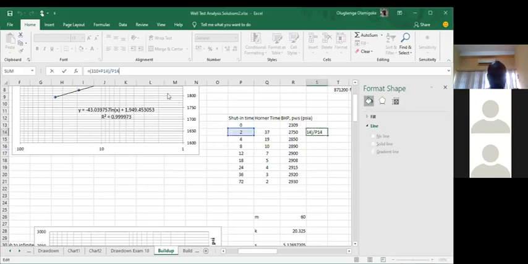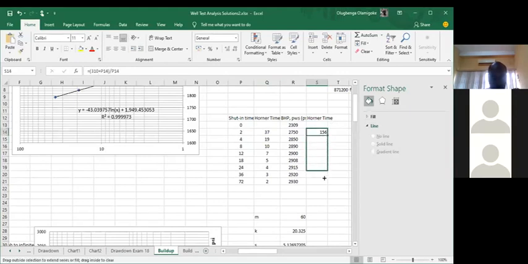Okay, so this is what it should be. 310, which is TP, this is your delta T, and this is your delta T. So this is your Horner time. And you do the same thing all through. Remember that TP is constant, and then you add your shortening time to it, and then you divide by your shortening time. This produces the Horner time.